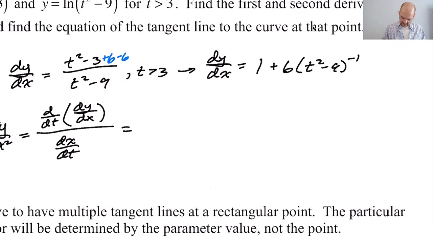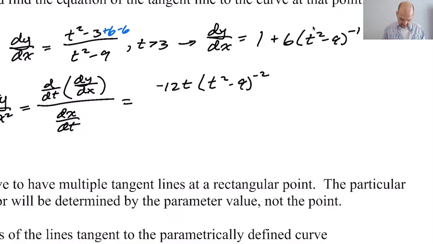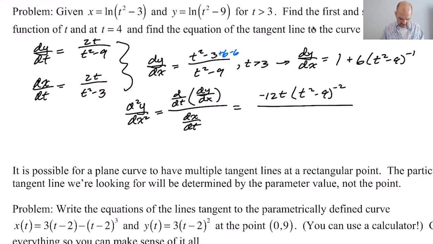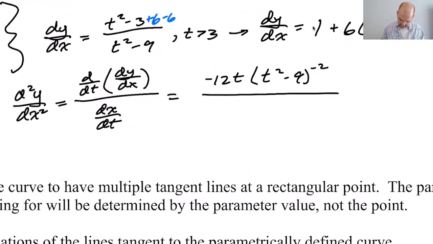So it's -12t and then (t squared minus 9) to the -2nd. So I brought the -1 down, multiplied by 2t, that's -12t, and then subtract 1. And then over dx/dt, which is 2t over t cubed minus 3.